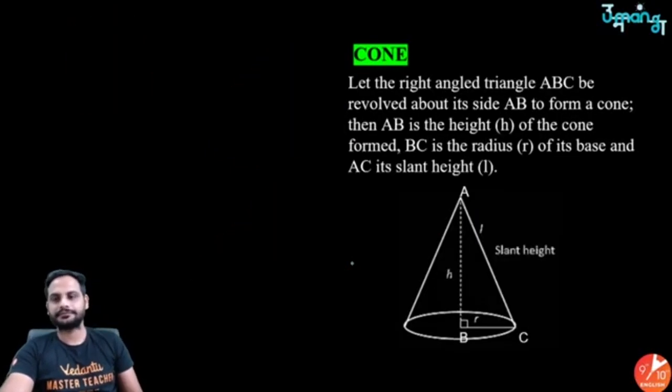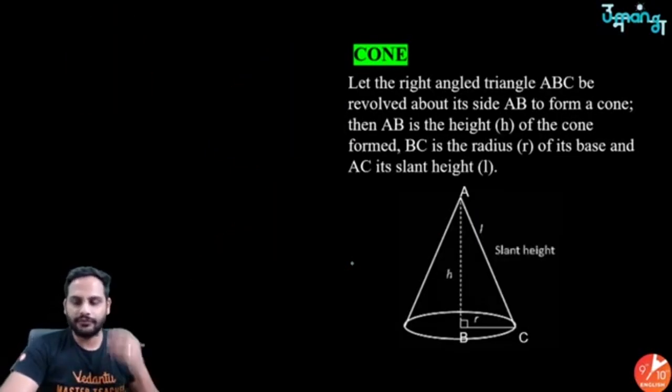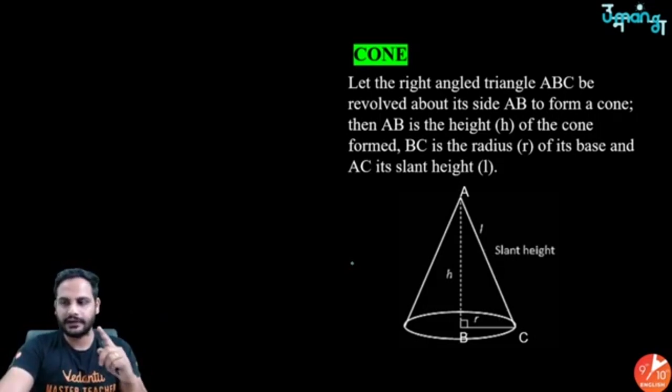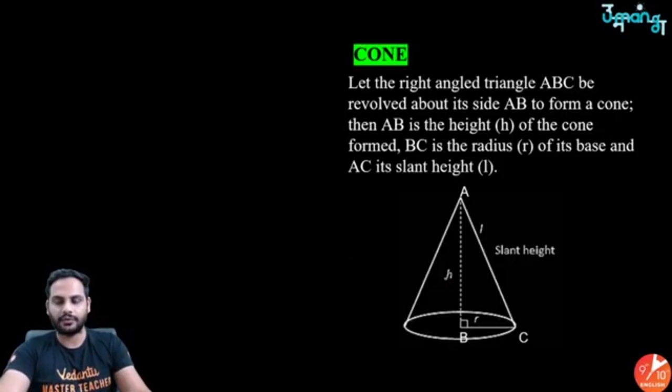Got it? Now for a cone we have three important things. For the cylinder, in the formula of the cylinder, we have two important things: one was your radius, the other is your height. Right? In the cone, we have three important things. One is the height of the cone, one is the radius of the cone, and the other is called the slant height. Now remember, height is perpendicular to radius. This is the radius of the base.